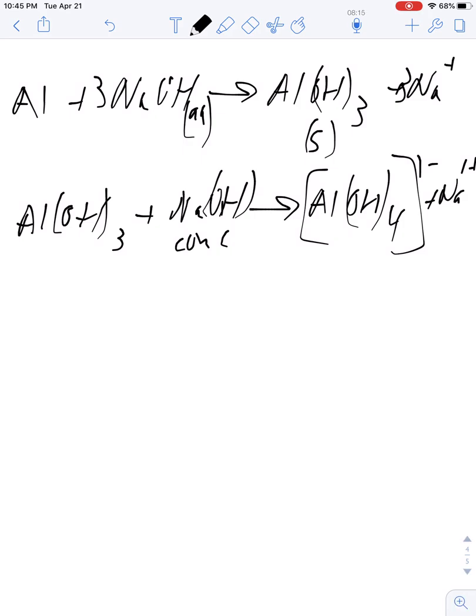Hydroxide carries with it a negative charge, and that's why it ended up being negative. And this dissolves, that's aqueous. So when you add concentrated base to aluminum, it first precipitates as a white solid, and then it becomes aluminum tetrahydroxide, which is aqueous and disappears again.